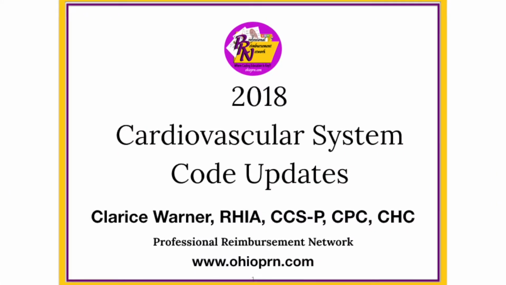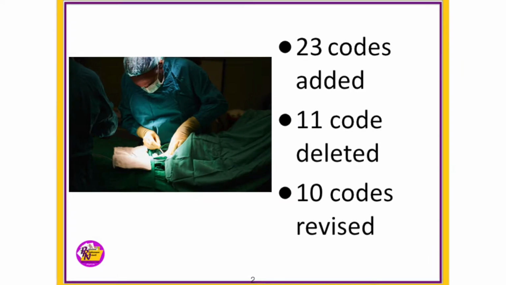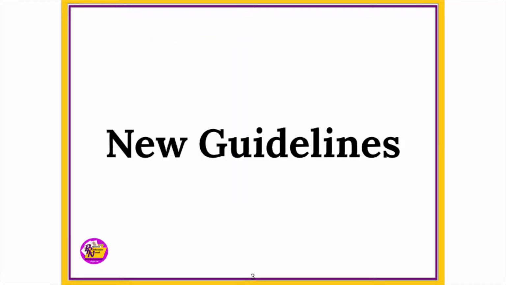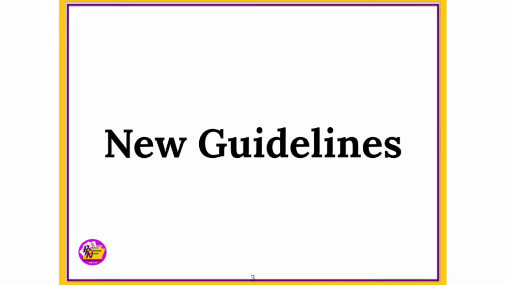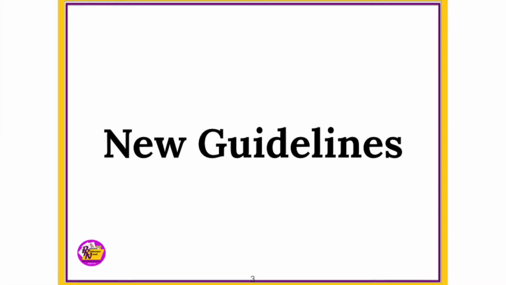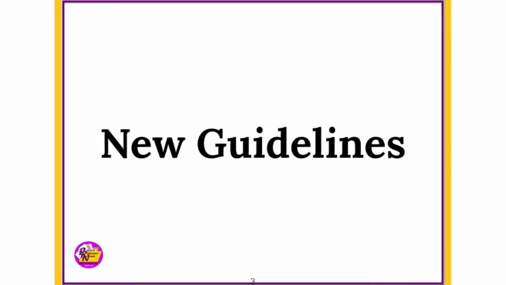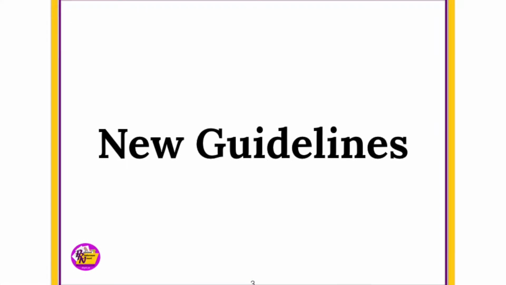Today, let's look at the CPT 2018 updates for the cardiovascular system, starting with the heart and pericardium. The parenthetical notes that follow codes 33367 through 33369 have been revised to allow reporting of transcatheter mitral valve implantation or replacement, codes 0483T and 0484T.